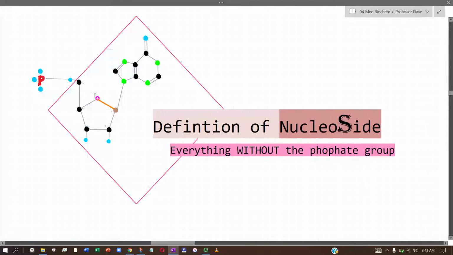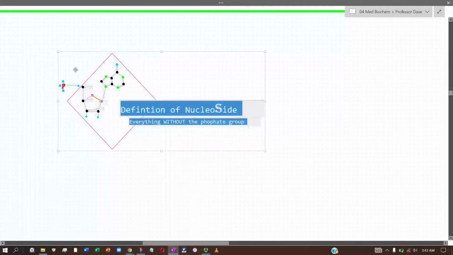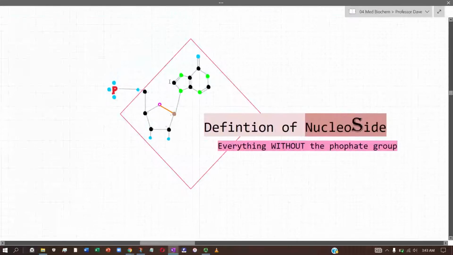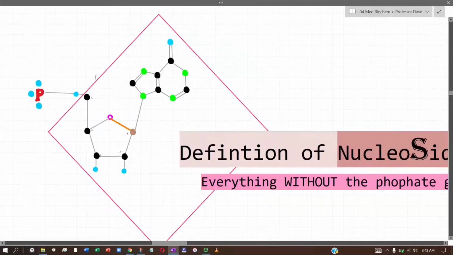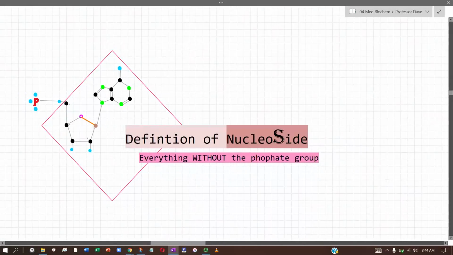It's everything. So this whole thing is the exact same drawing that was over there before we came over here, except that here in this pink rhombus or diamond, I have enclosed everything except the phosphate group. We've excluded that. So this molecule without the phosphate group, that is the nucleoside.